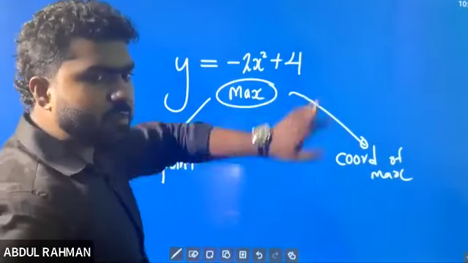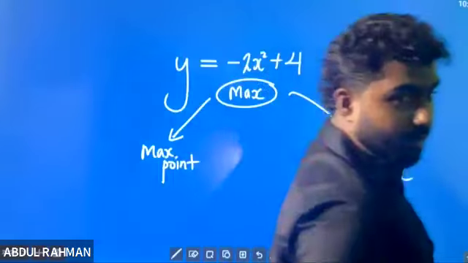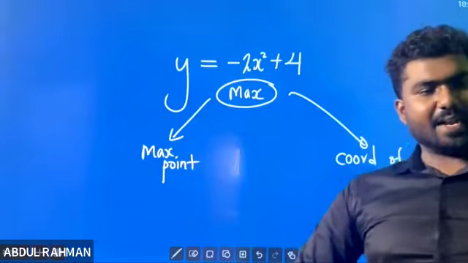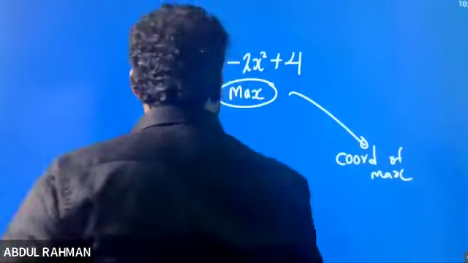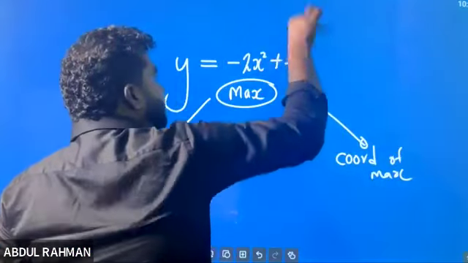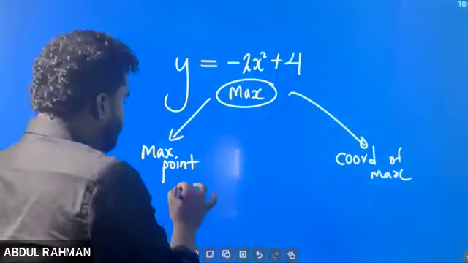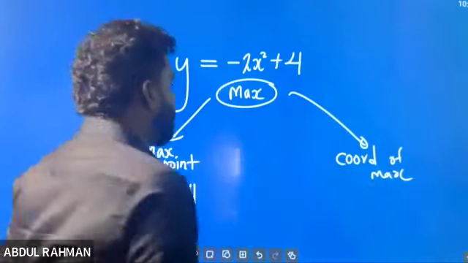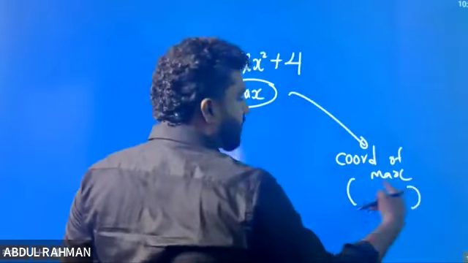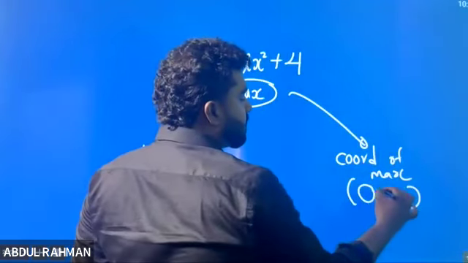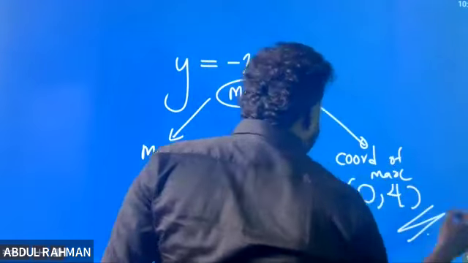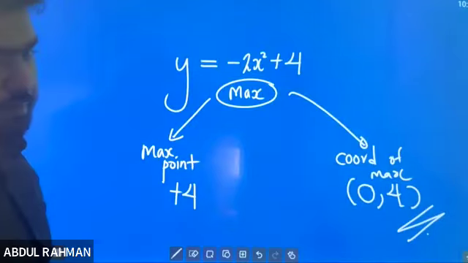If it's +4, give me an emoji. And now you got the emoji. So this constant value should be the maximum point. So +4 is here. How will you write the coordinate? Coordinate is always x comma y. x is 0 and y is 4. The coordinate of the point is 0 comma 4 is my answer.